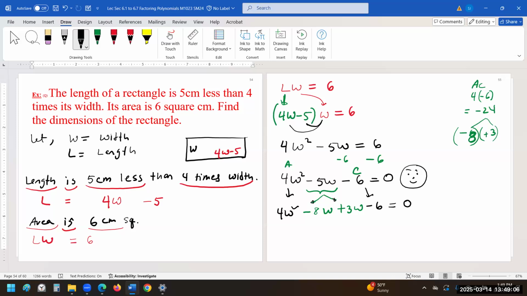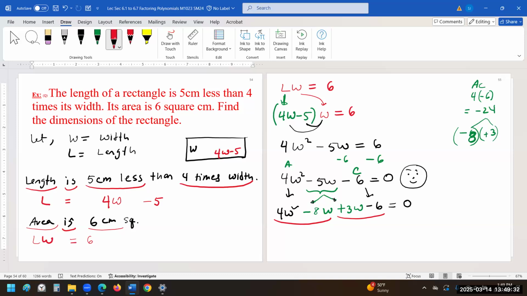We factor, but how? Do you factor directly or do you do something before factoring? Not the DCF, groups. They don't have any DCF. 4, 8, 6 are even, but 3 is not even. So there is no DCF. I say you split into groups. And then what do you do?